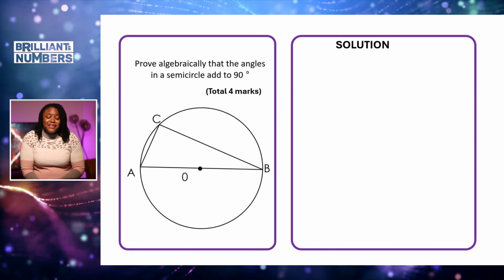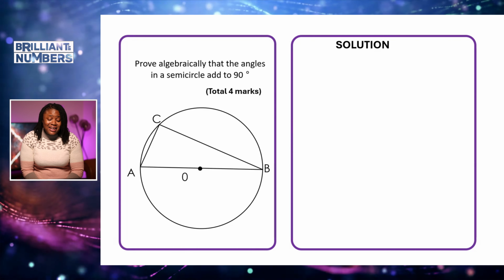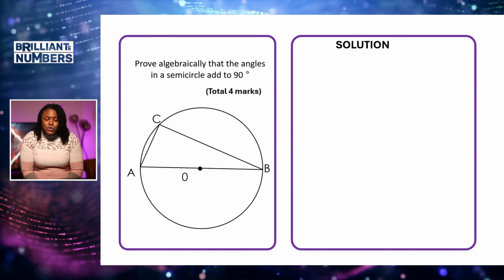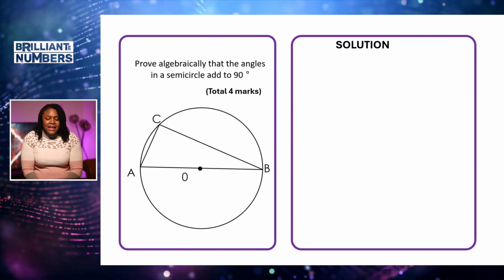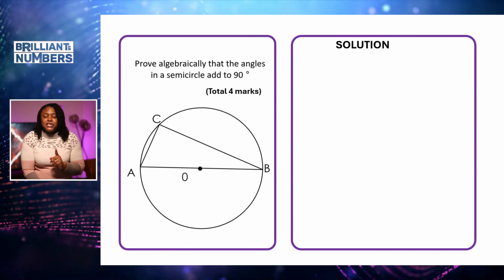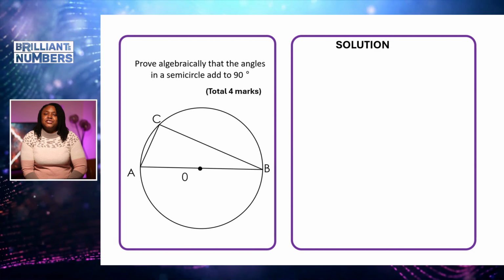We're asked here, and the language confirms what I'm just saying in this question. It says, prove algebraically that the angles in a semicircle add to 90 degrees. Now, we've done previous lessons where we looked at example questions here, but now we're asked to prove that this theorem is actually true.